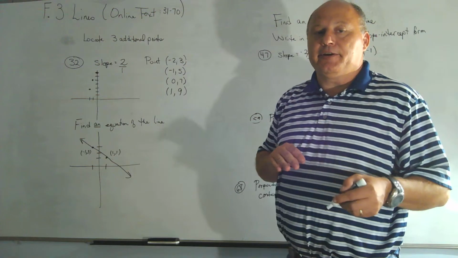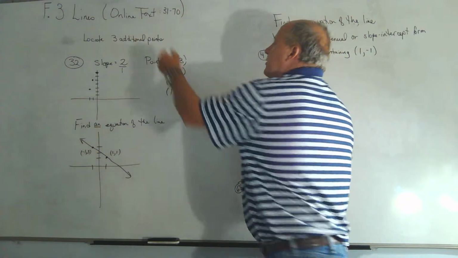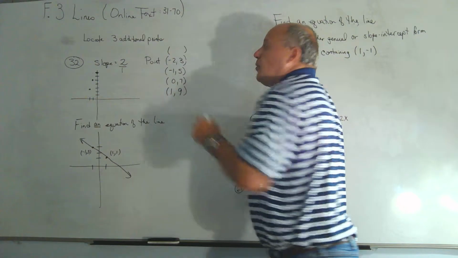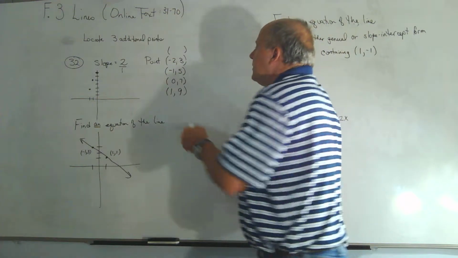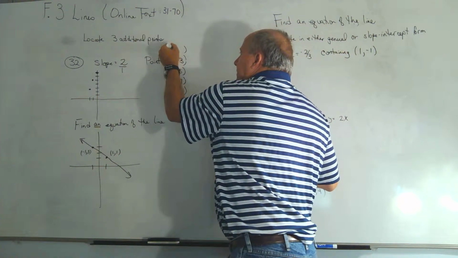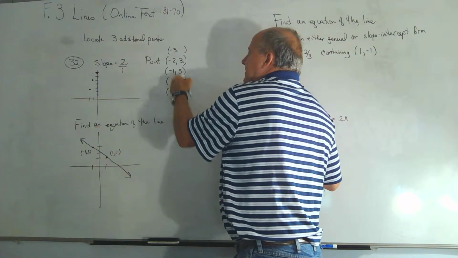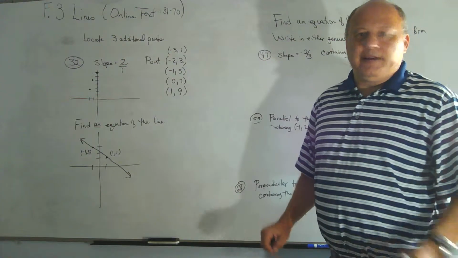But there is another one you could do as well. If you look at the pattern going in reverse, there's another one, and this is point number 4, and I don't really need to do this because I only needed 3 in the first place. So if you go 0, 1, -1, -2, -2, then be -3, and then 9, 7, 5, 3, 1. So -3, 1 is another one.